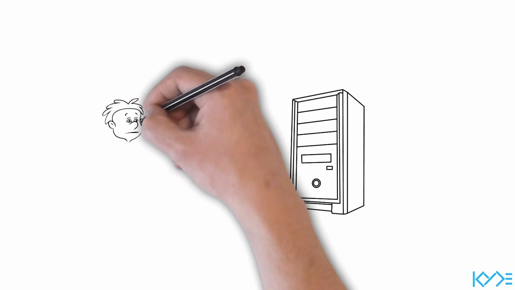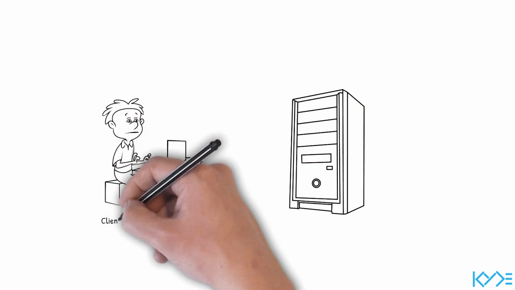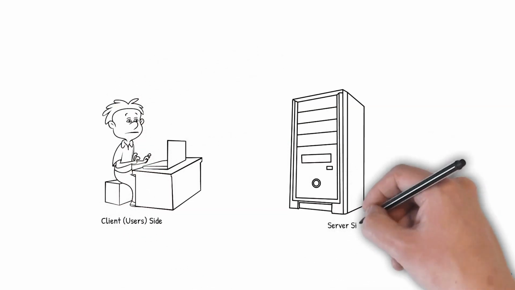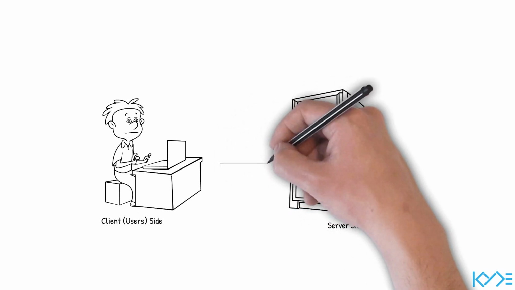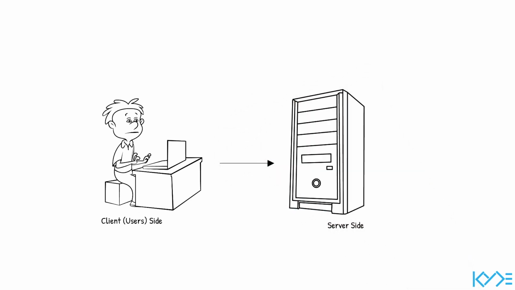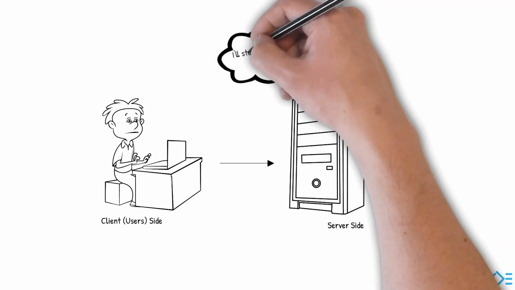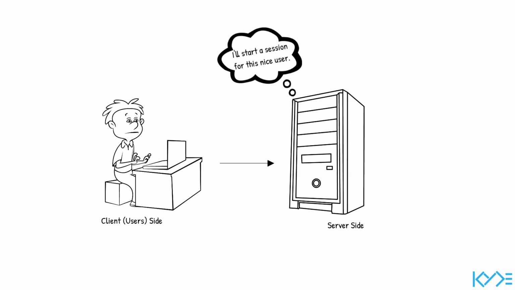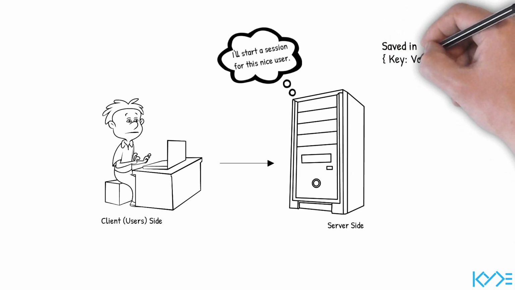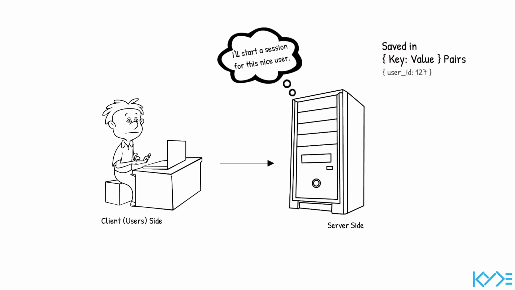When our user, our client side, starts a conversation with our server by opening our website, our server, or server side, creates a session. A session is an interaction between a computer and a user used to exchange and remember information about what happened. All of this information is remembered in key value pairs.